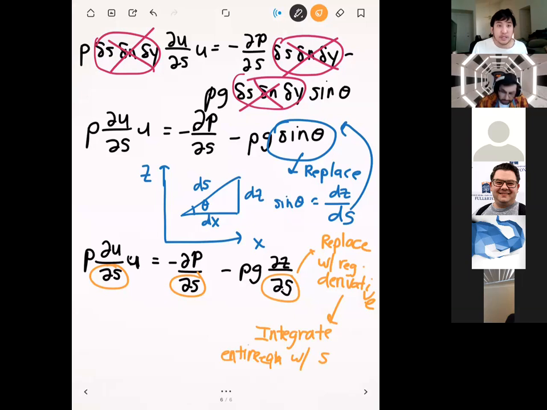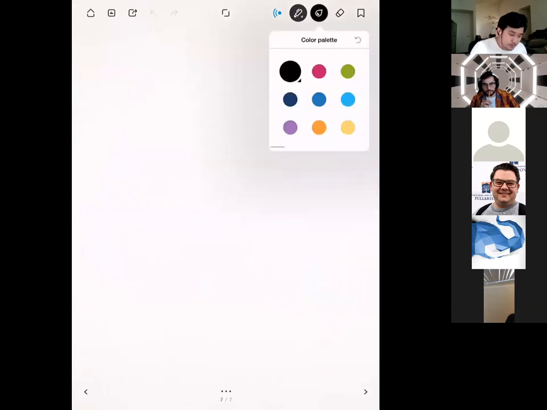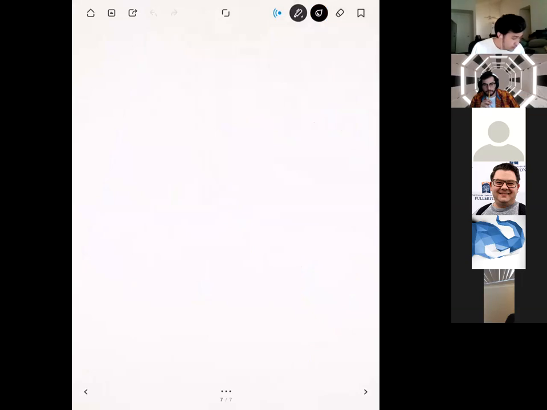Okay, any questions here on how we cancel the terms and why we replace the sine theta? Okay. And so actually, one thing that I'm going to do before we integrate is work on this term.